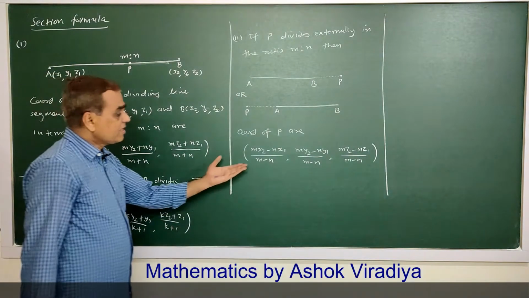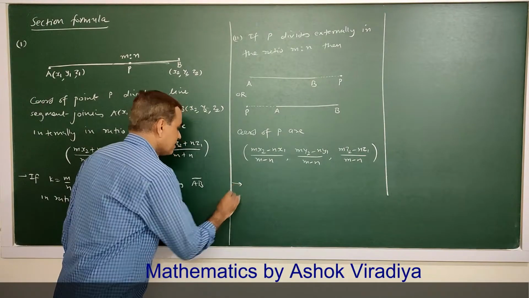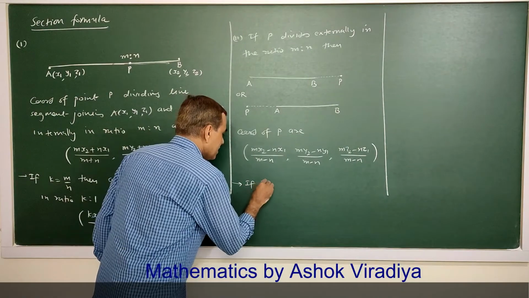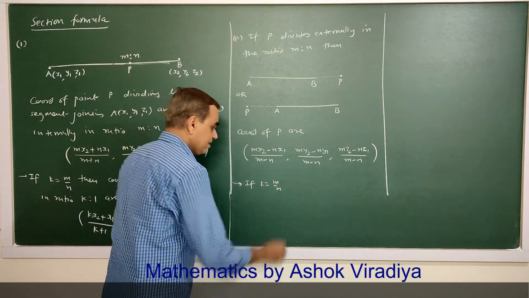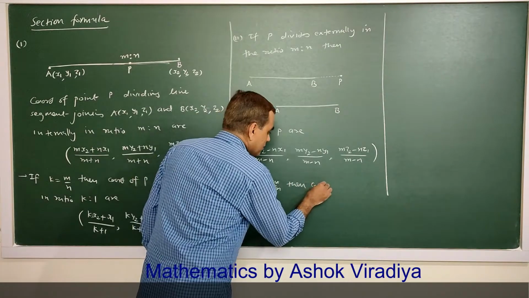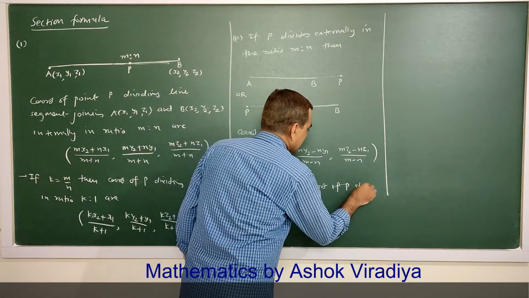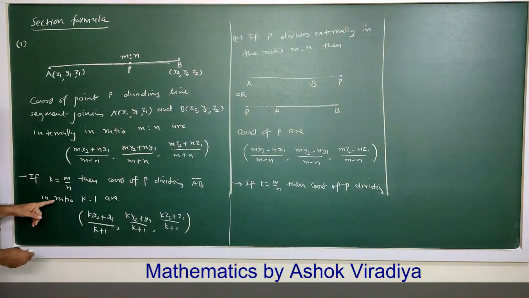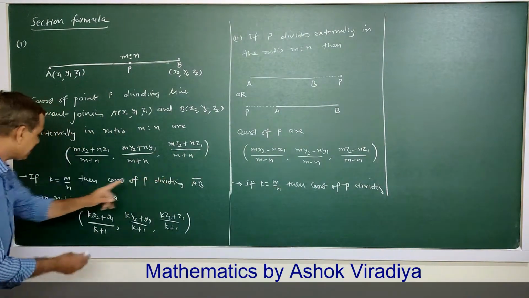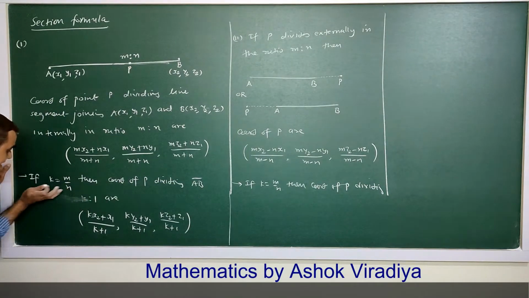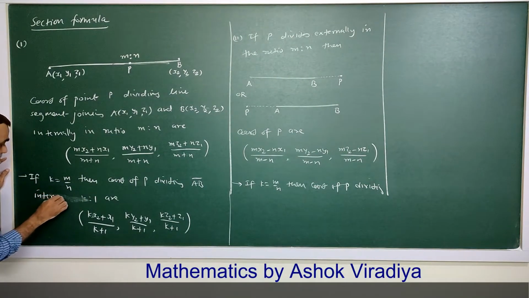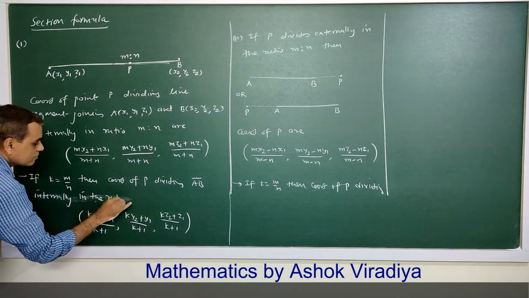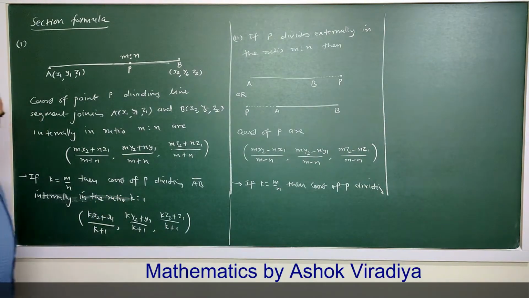And similarly here also we can put the statement by this method, that if k is m by n, then coordinates of P dividing line segment AB, here internally, I am correcting this statement, internally in the ratio k is to 1.